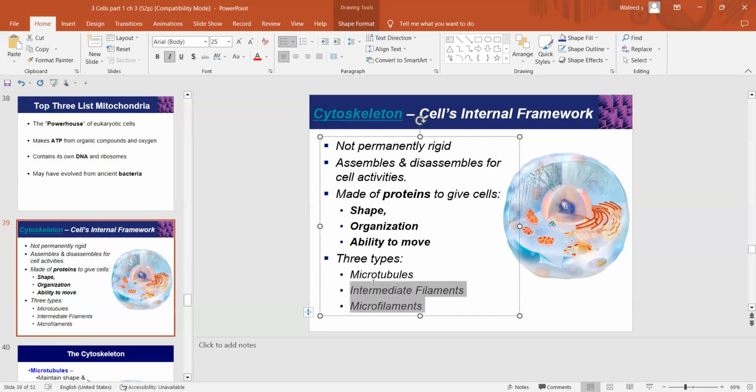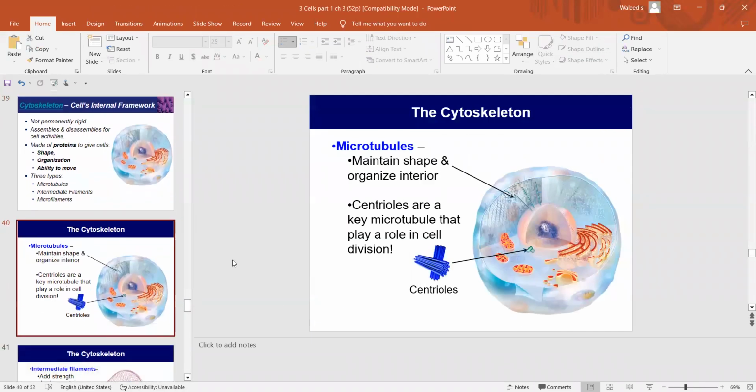We have it in three different forms, from big to small: microtubules, intermediate filaments, and microfilaments. These are the three types. Microtubules are the largest one. Of course, all of them are small anyway, but relatively, compared to the other ones.